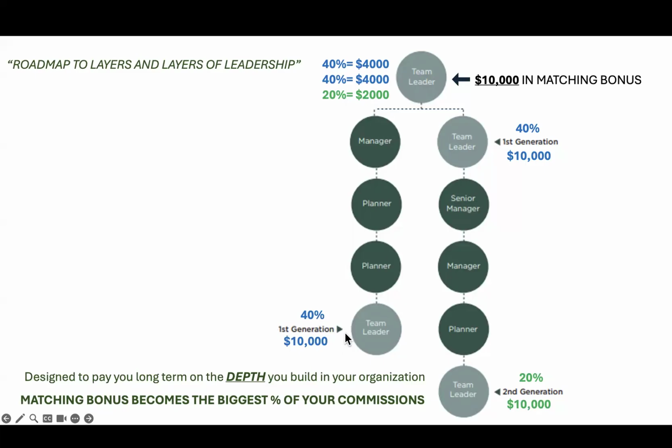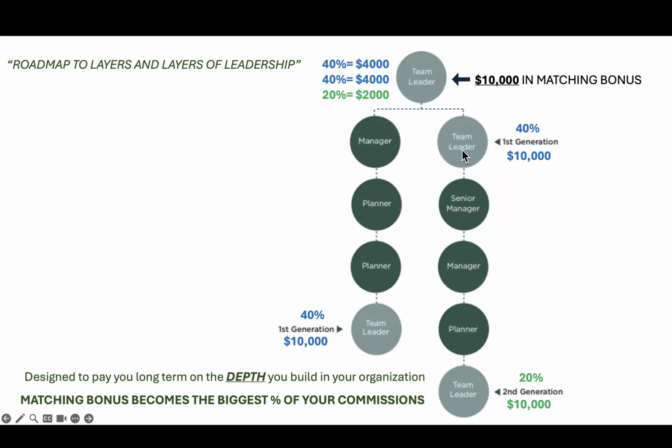Based on his rebate, his product sales, his open group sales, and some open line commissions, he generated 10,000 on that portion of the income. If he makes 10 grand, I'm also going to get a 40% matching bonus, an additional $4,000.